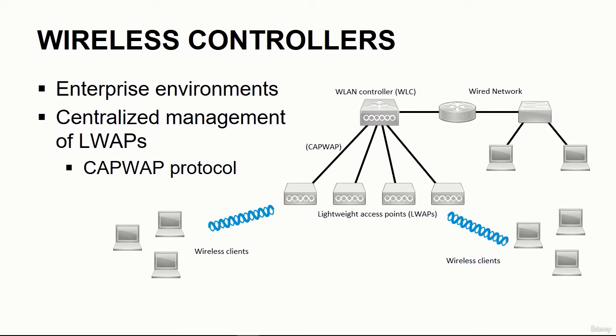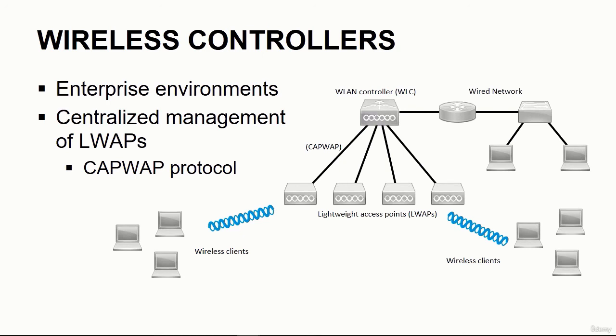Instead, enterprise environments use a wireless LAN controller to centrally control and manage many lightweight access points, or LWAPs. The LWAPs forward data between the wired and wireless networks and are managed through something called a wireless LAN controller, using a protocol called Control and Provisioning of Wireless Access Points Protocol, or CAPWAP.